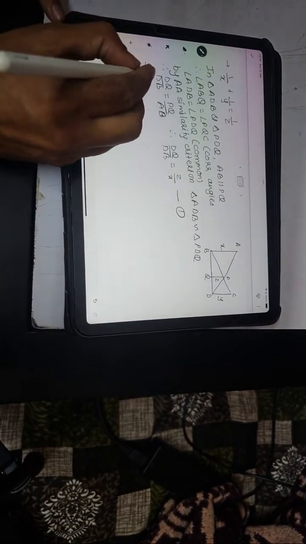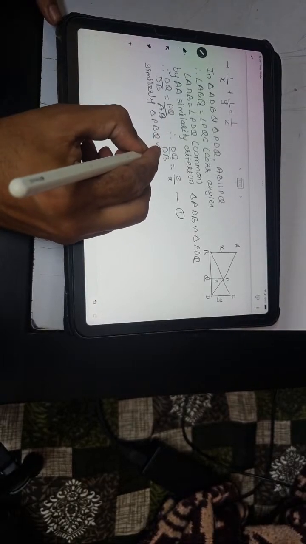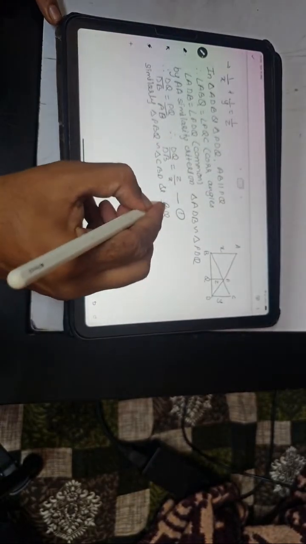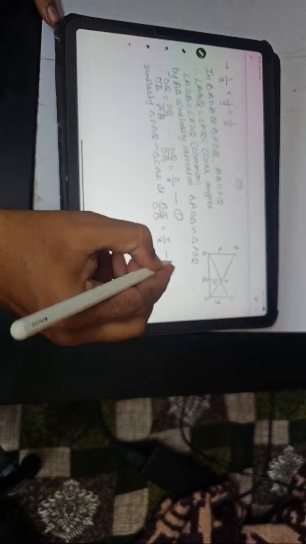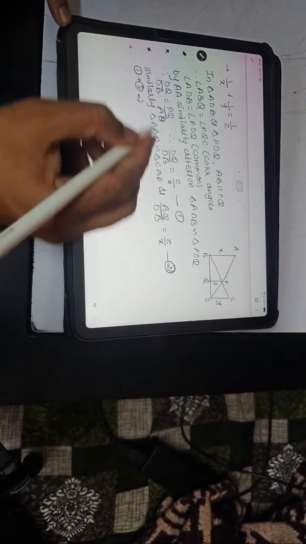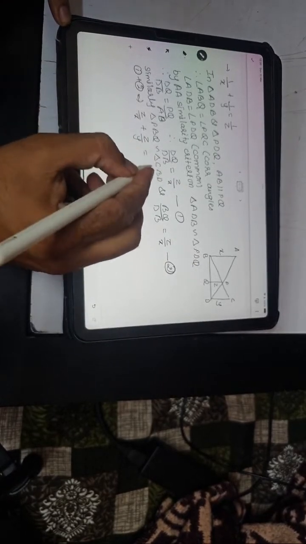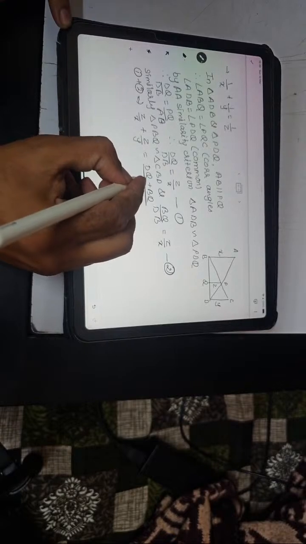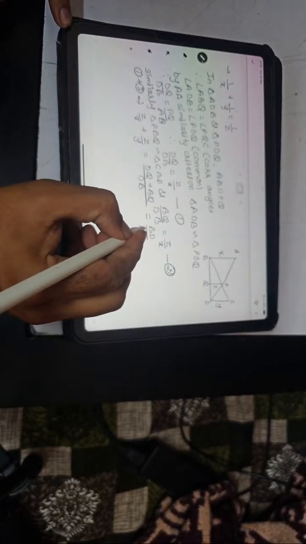Similarly, triangle PBQ similar to triangle CBD and BQ upon DB equal to Z by Y. So 1 plus 2 implies Z by X plus Z by Y equal to DQ plus BQ upon DB, which is BD upon BD.